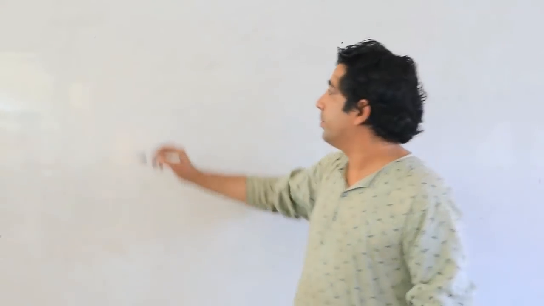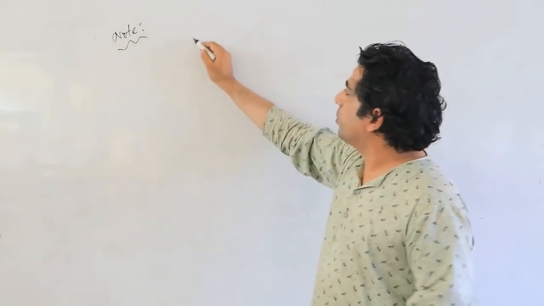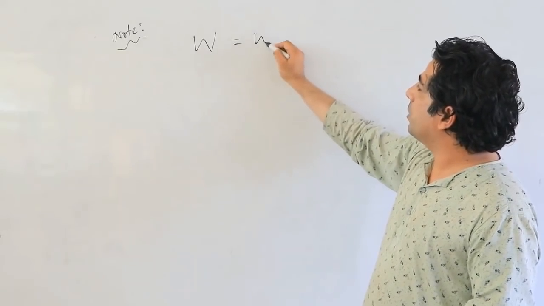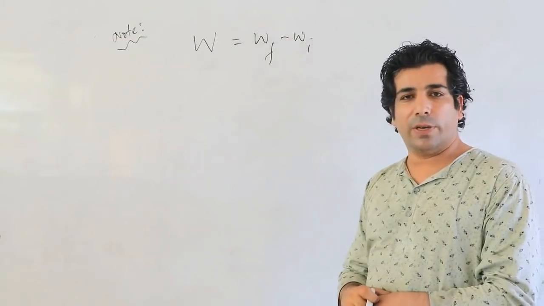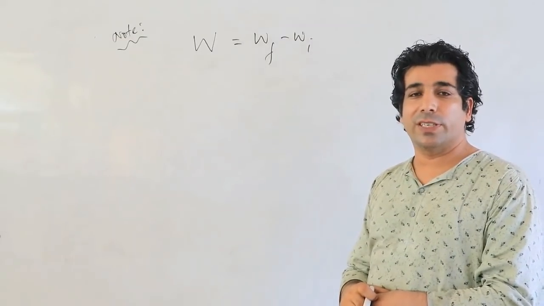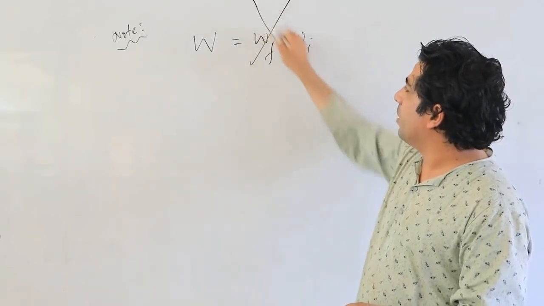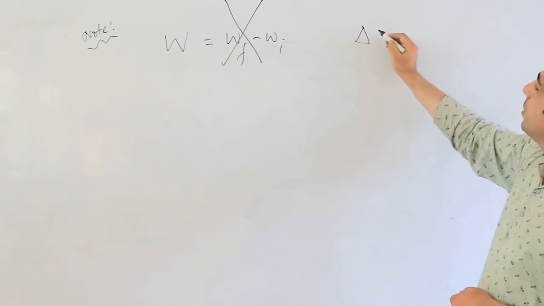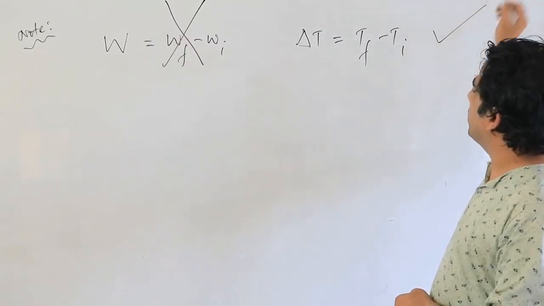Dear friends, have a look here. If I talk about work, you cannot write down final work minus initial work. Why? Because work is not a state function. Work is a path function. Yes? So this is not possible. Correct? So my dear friends, if I say here change in temperature, final minus initial, this is correct. Why?